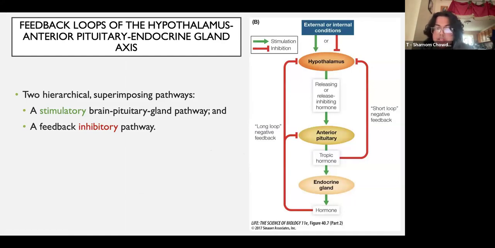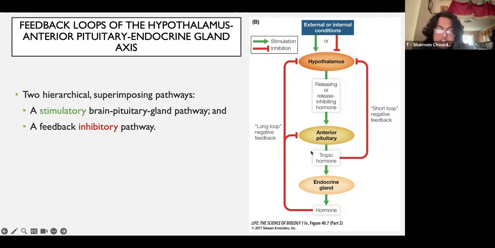In this example here, the green arrows are stimulation. The hypothalamus releases hormones, which stimulate the anterior pituitary. The anterior pituitary produces tropic hormones, which then stimulate the endocrine gland to produce more hormones. So it's a straight step of stimulation.